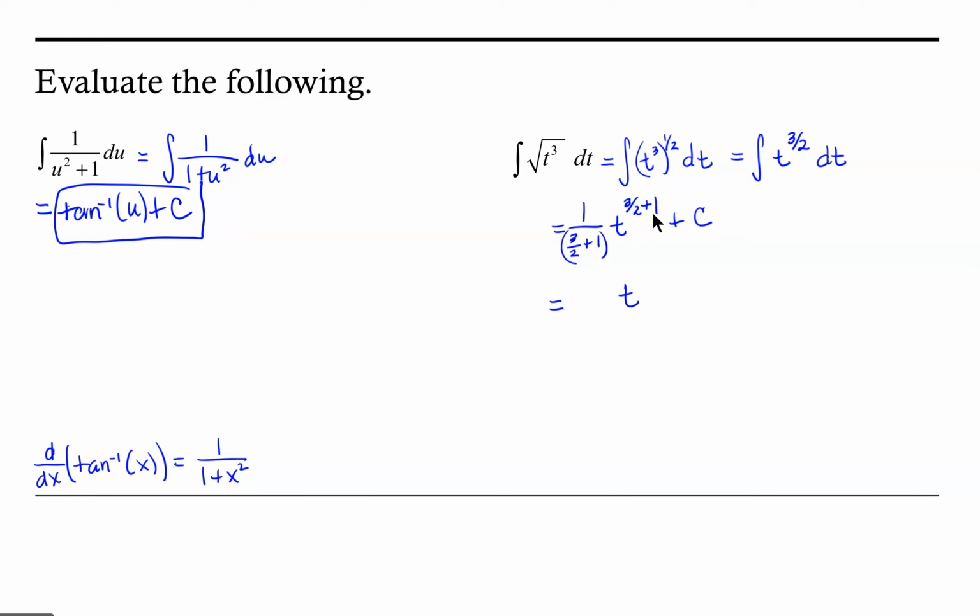So we'll have t to the 5/2 power plus c. And then we have 1 divided by 5/2. So 1 divided by 5/2 is the same as 1 times 2/5, and 1 times 2/5 is simply 2/5. So this will be 2/5 times t to the 5/2 power plus c.